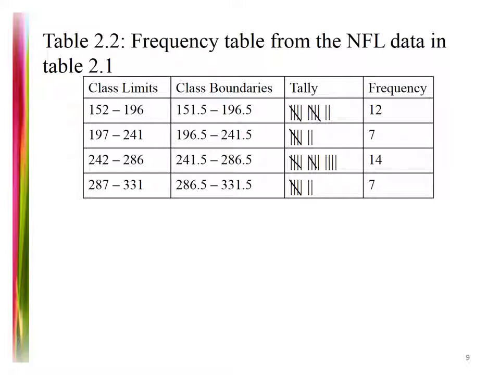In this case, 12 NFL players' weights lie between 152 and 196. Similarly, 7 frequencies for this class interval, 14 for this class interval, and 7 for this class interval. This tally approach is not important, but if you use it, you can count the frequencies easily.